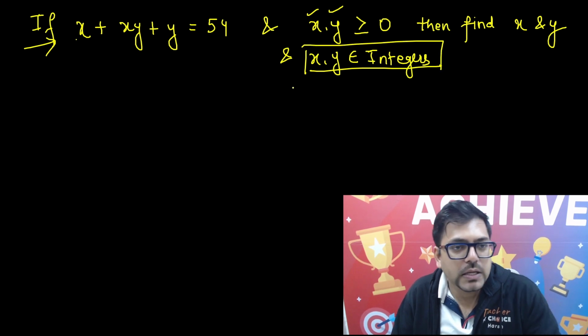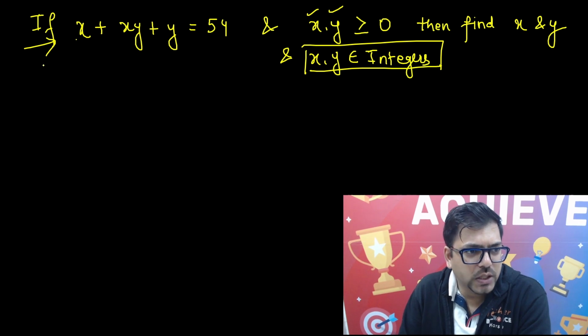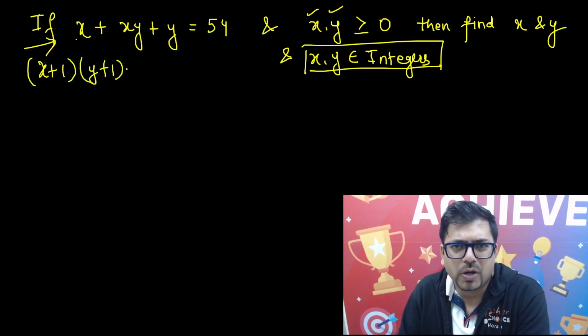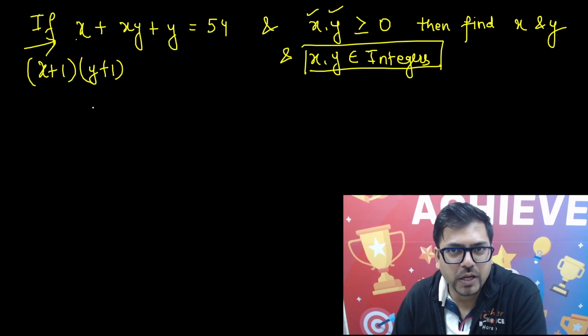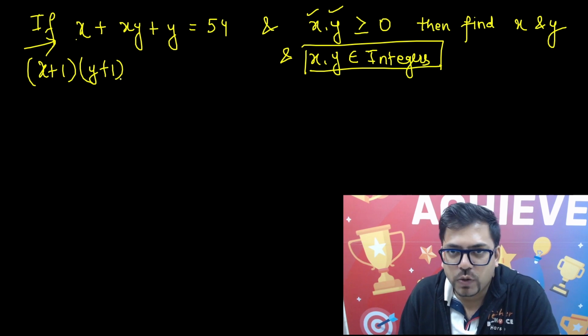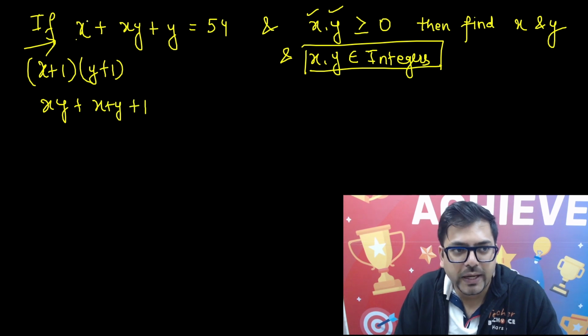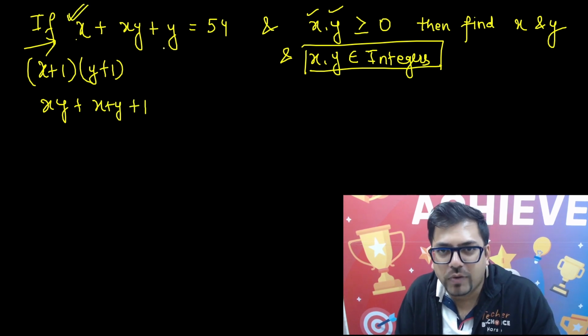So let's try this. One thing I do remember from my past experience is that there is an equation: x plus 1 into y plus 1. Because this is a very obvious thing which we have been taught in our lower grades. So x plus 1 into y plus 1 gives me xy plus x plus y plus 1. I guess this is almost the same, only 1 is missing.